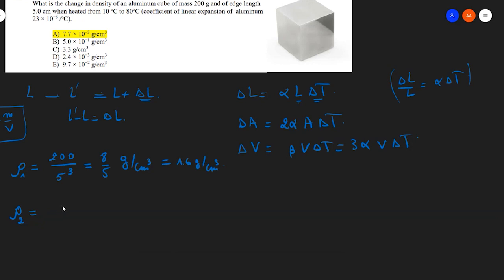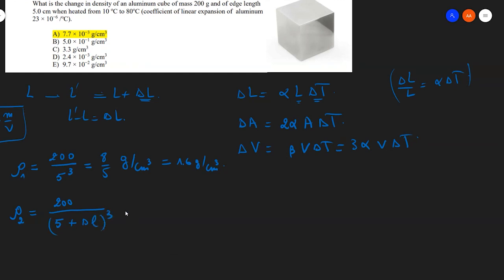Now for the second, it will be 200. The mass does not change because of the temperature. And the volume, what is the volume? Is the length cube. And the length was 5 centimeter, but this 5 centimeter will increase by delta L. It will increase by this amount, which is delta L.